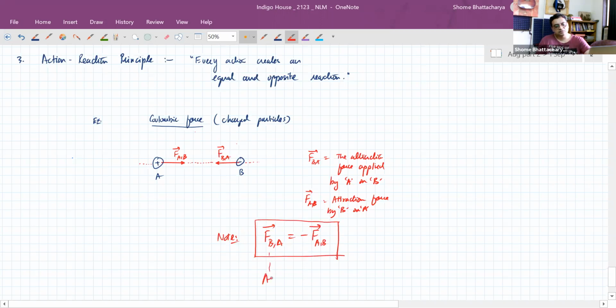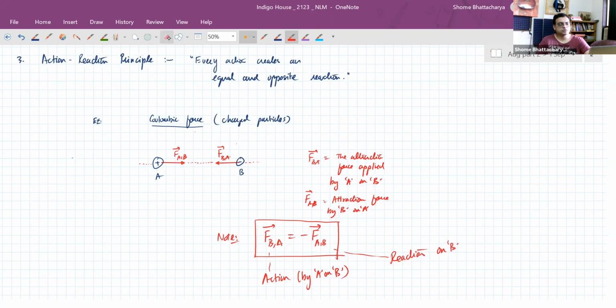If this is the action by A on B, then this one is the reaction on B. Sorry, this was on B by A. Yeah, it's correct one.